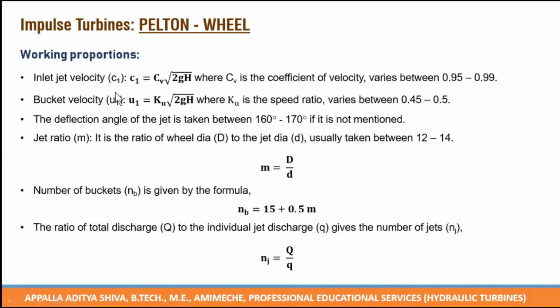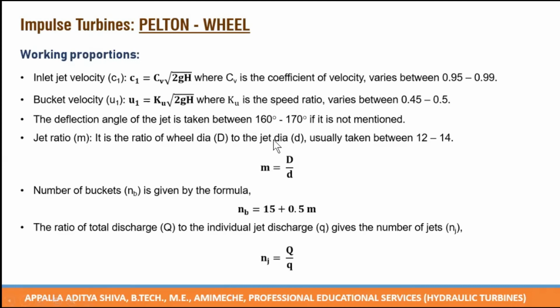For bucket velocity, we have U1 is Ku into root 2gH, where Ku is the speed ratio. It varies between 0.45 and 0.5. Now, the jet is deflected across the bucket of the Pelton wheel. This deflection angle is taken between 160 and 170 degrees.